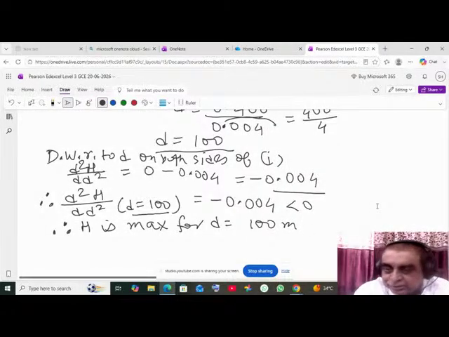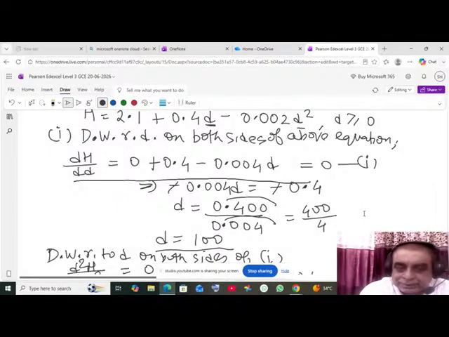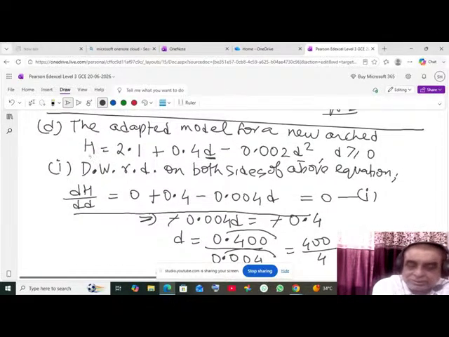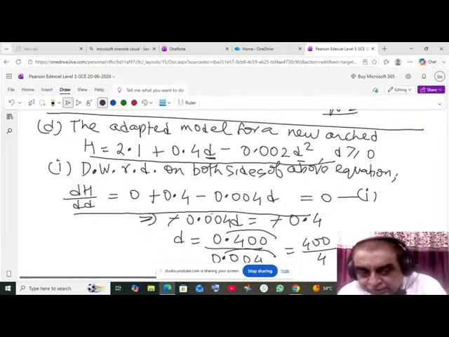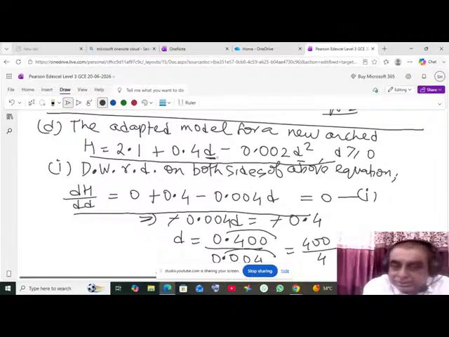Now in this model, which is the model of h, for different values of d there are different heights of the arrow. So the maximum height of h will be for the d value 100.